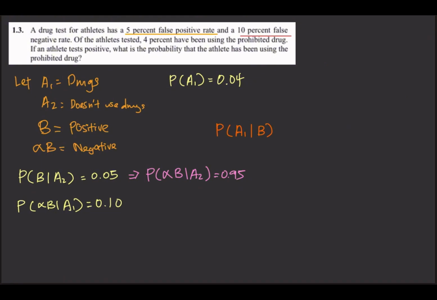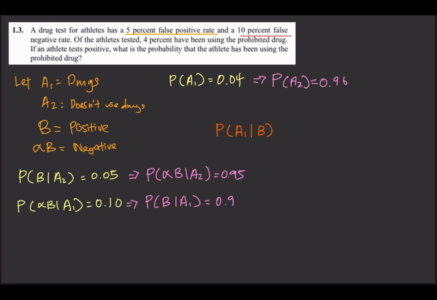You take 1 minus 0.05, you get 0.95. Also, the probability the athlete tests negative given that he's using drugs is 0.1, so the probability that the athlete tests positive given he's actually using drugs is 0.9, because 1 minus 0.1 is 0.9. And naturally, the probability that the athlete is using drugs is 0.04, so the probability that the athlete is not using drugs is 0.96.